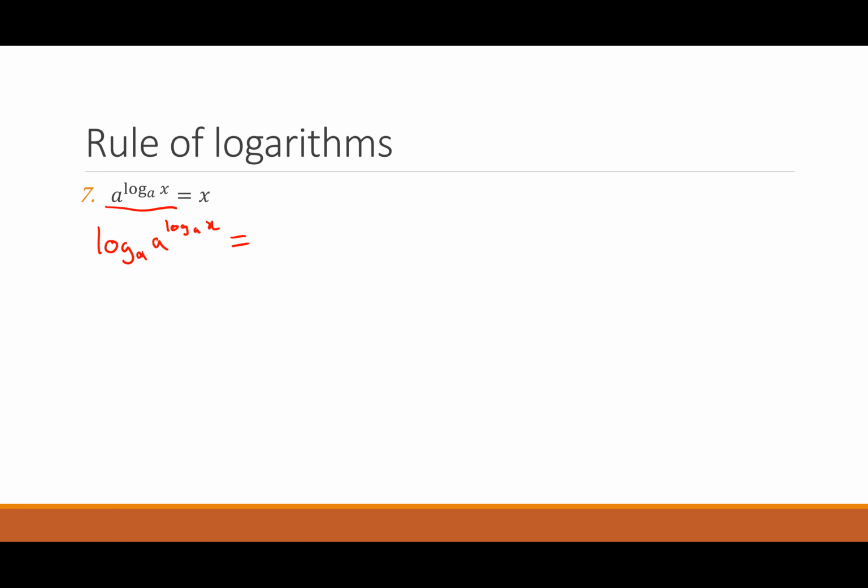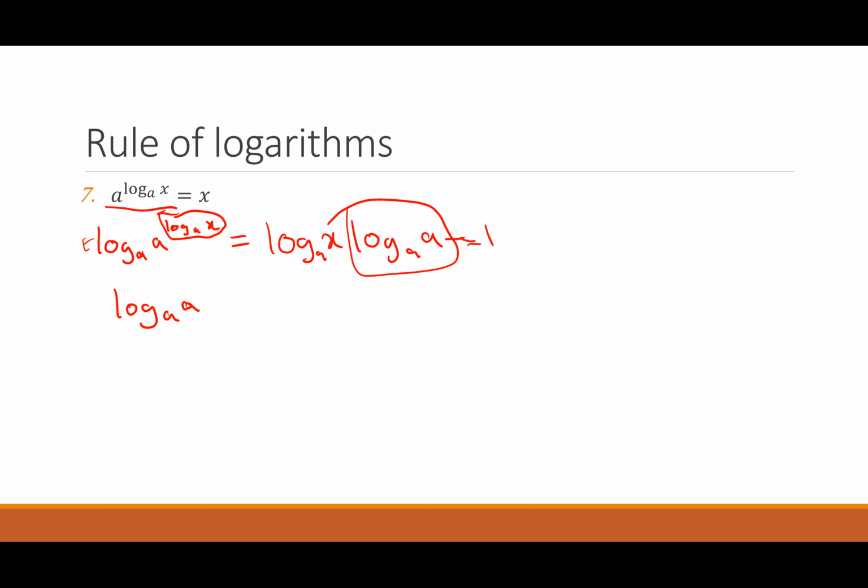And using rule 3, we know that the power term can be taken out on this side of the log. So we've got log with the base a of x times log with the base a of a, and this is again 1, right? So we can say very easily that log with the base a of a to the log a of x equals log with the base a of x. Okay, and these two just cancel each other out, and you're left with a to the log a of x equals x.